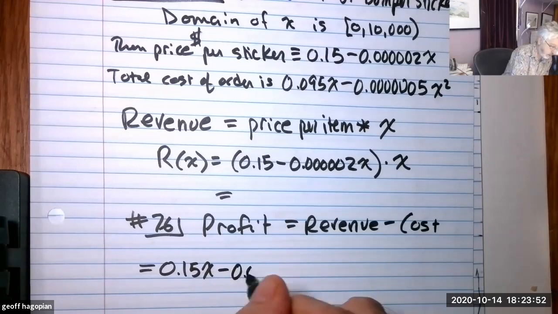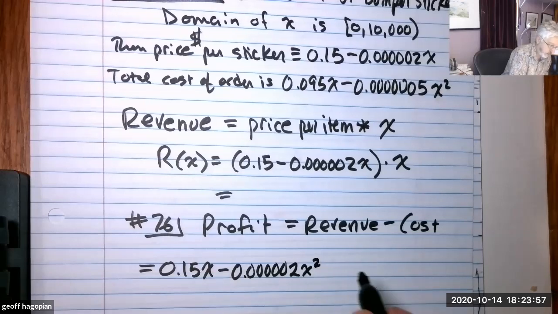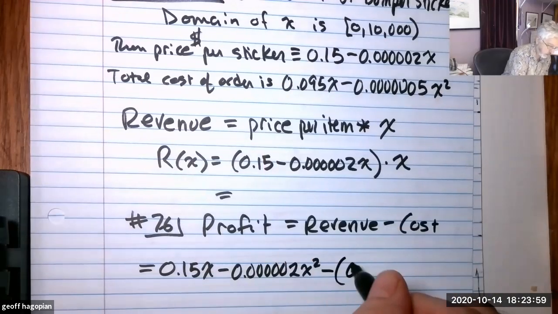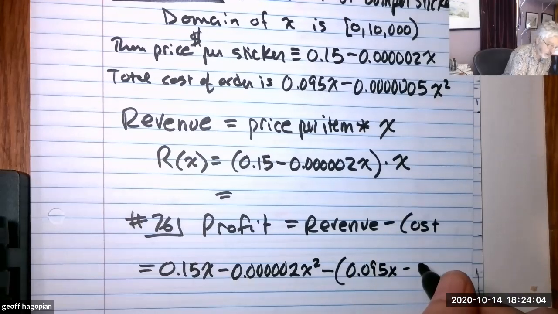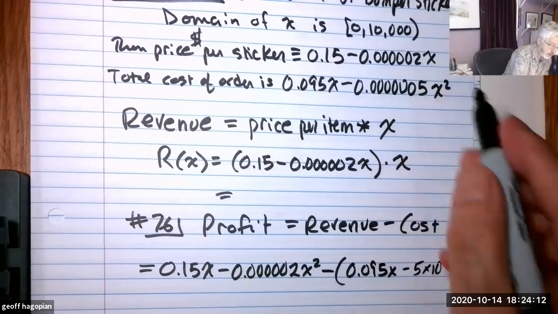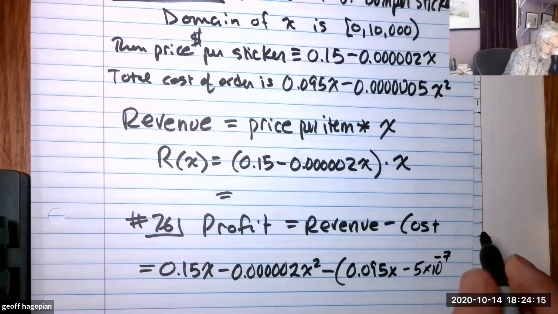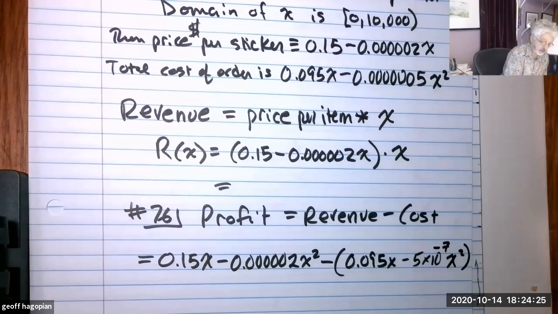Minus 0.000002 x squared, and then the cost is up here as 0.095x minus 5 times 10 to the negative 7 x squared. This is 10 to the negative 6. I went to scientific notation because I couldn't fit in all those zeros.